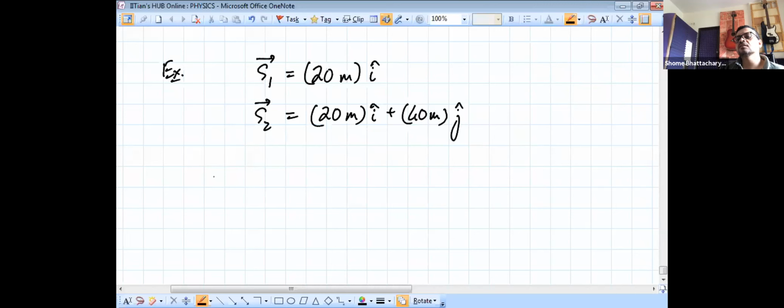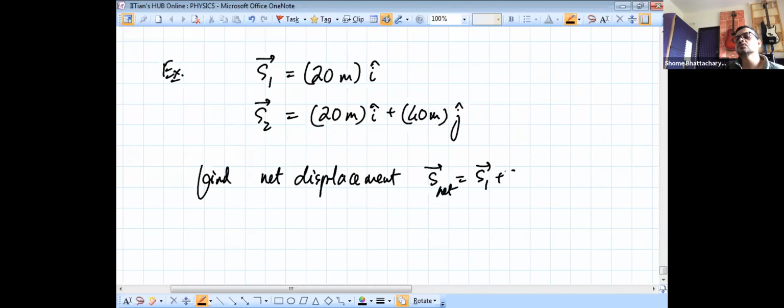We ask: find the net displacement equal to S1 plus S2, and its magnitude.